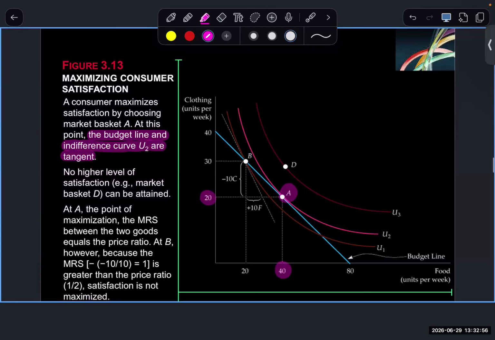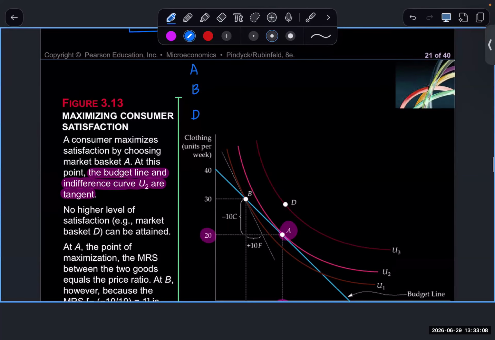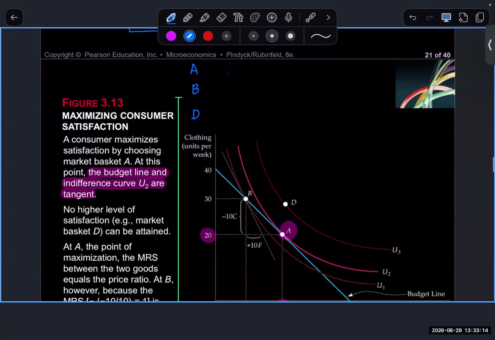Let's compare the three points, okay? We have A, point B, and point D. A is the optimal, and so that means B and D are not optimal. So why are B and D not optimal?